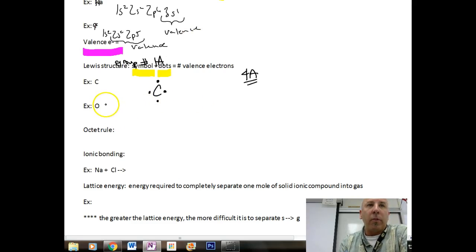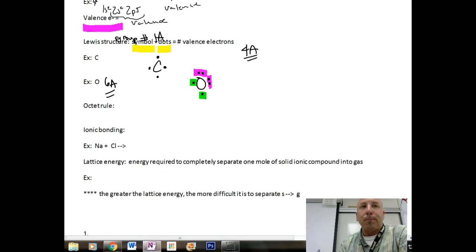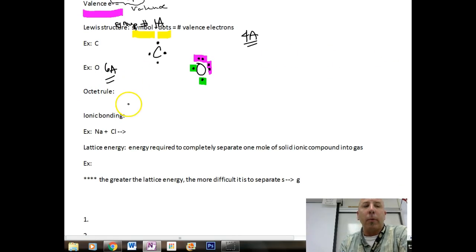Oxygen being in group 6A, oxygen is going to have 6 valence electrons. So we're going to go 1, 2, 3, 4, and there's our 5th, and then there's our 6th valence electron. So we have 2 of these valence electrons which are paired in oxygen. Those 2 are paired, and then we have 2 individual electrons here and here, which are going to be shared in a molecular bond.